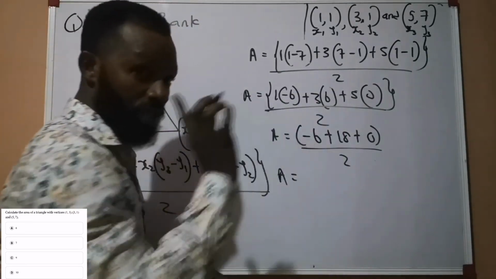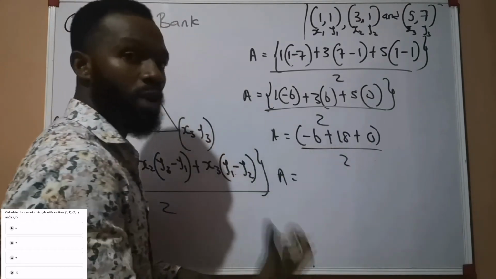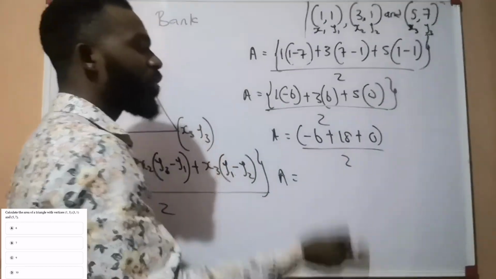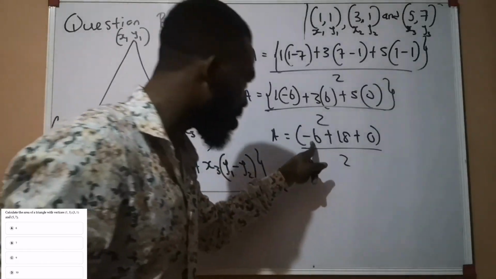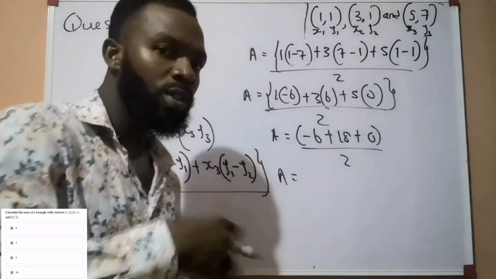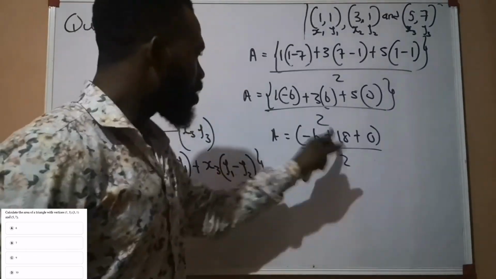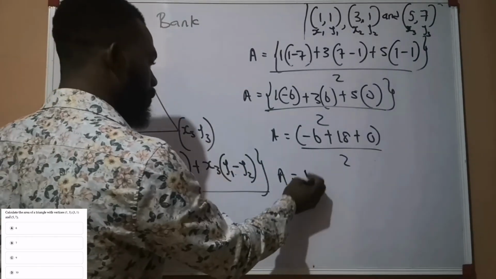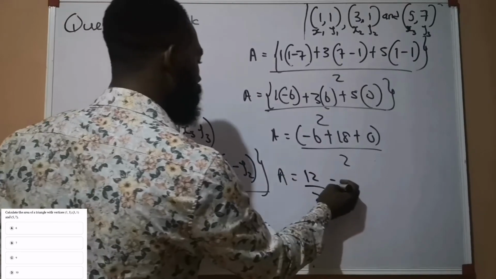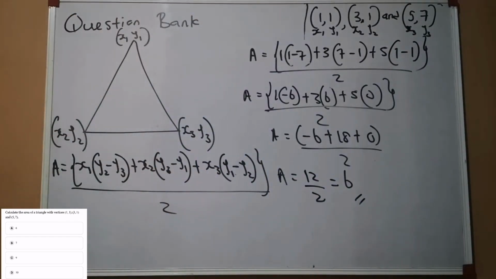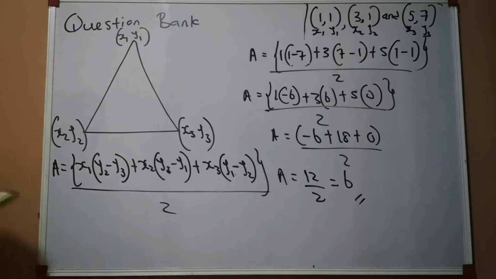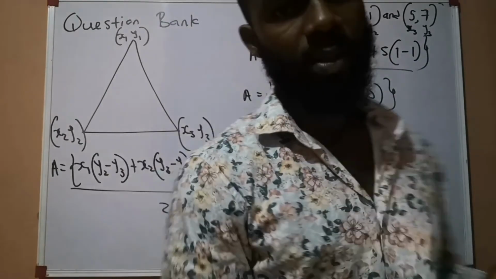Negative 6 means you owe 6, positive 18 means you have 18. When you pay the 6 out of the 18 you have, how much is left? 12. Now 12 plus 0 gives us 12 over 2, and 12 divided by 2 gives us 6. So the correct option to the question is option A. Option A says 6.